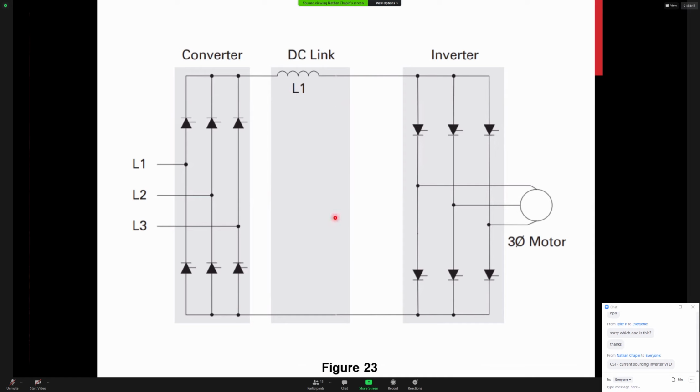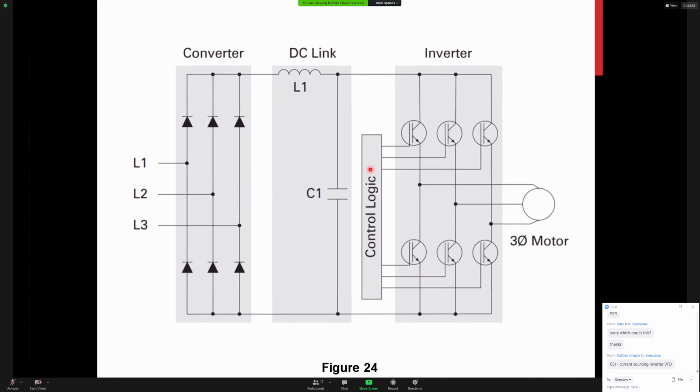Okay, I'm not going to talk about this one too much because our focus again is on the pulse width modulation. Now, here we have a pulse width modulation VFD. So notice we have a difference here. In our converter and our rectifier, we have what we're used to seeing.